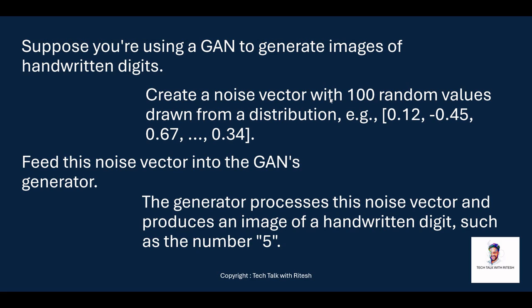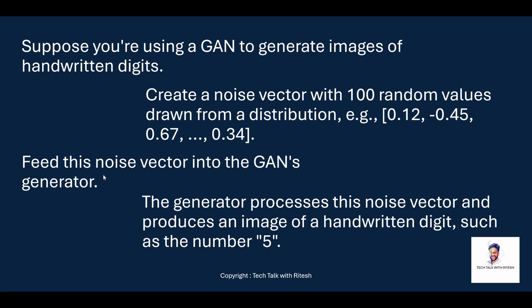Create a noise vector with 100 random values drawn from a distribution. So we will just provide some random values, some numeric values, right? And there is very complex mathematics behind it, but let's not go into that in detail. We are just giving some noise vector. These are called noise vectors. Some random values we are giving, right?